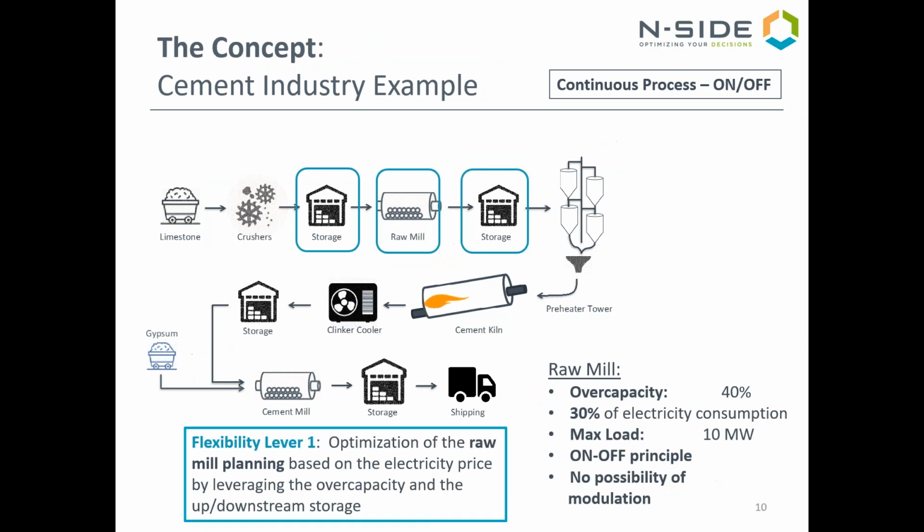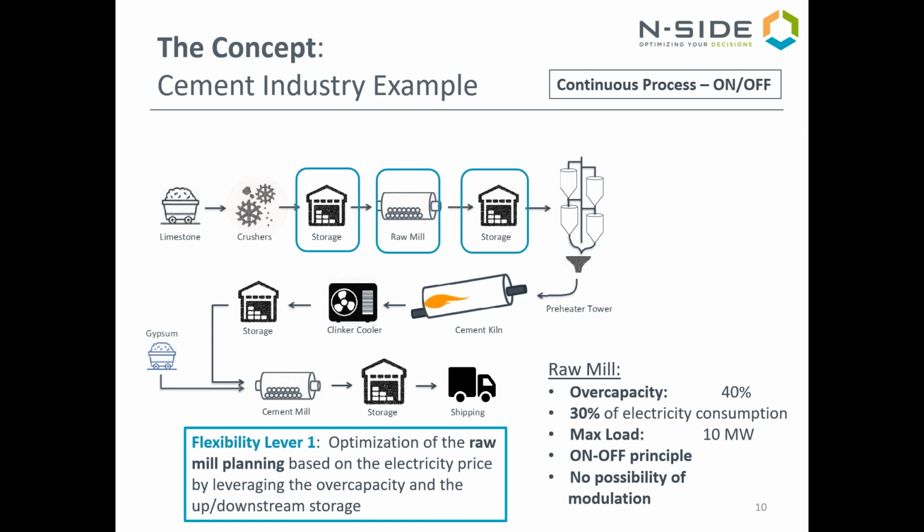If I look now in terms of flexibility, what I see here is my raw mill, an asset having an overcapacity of 40%. That is usually what we observe in the cement industry. We also see that the raw mill itself represents more than 30% of the total electricity consumption of the site, around 10 megawatts.